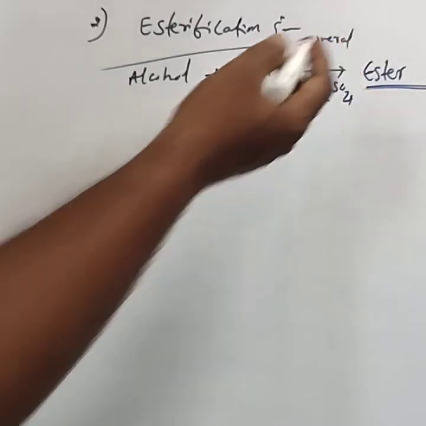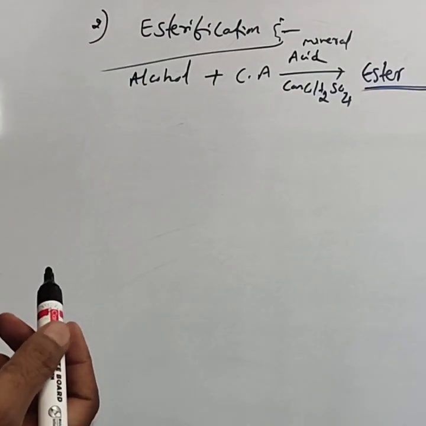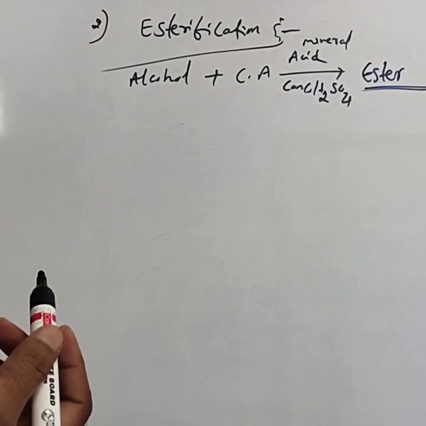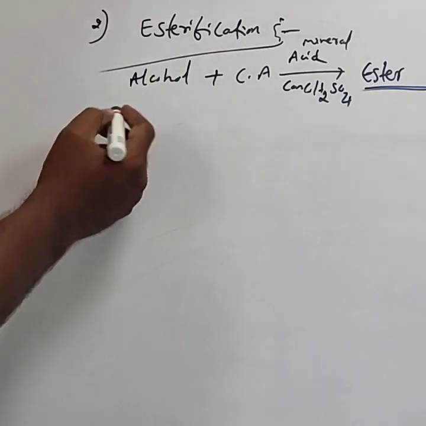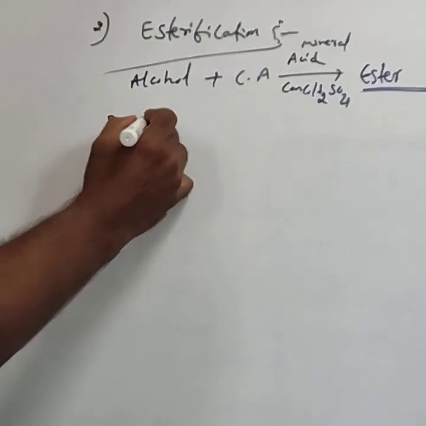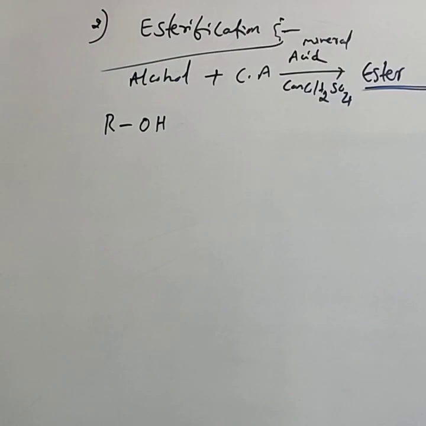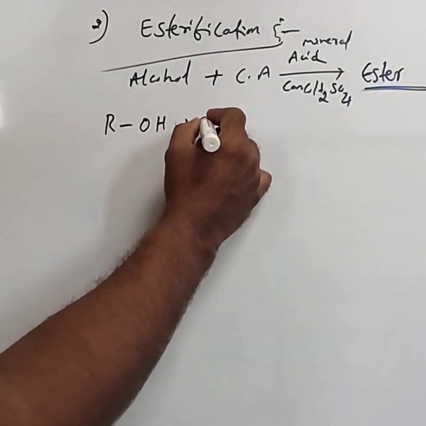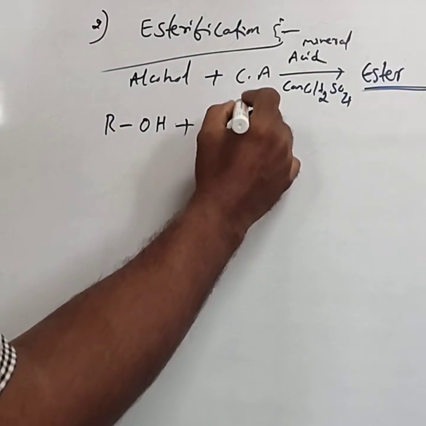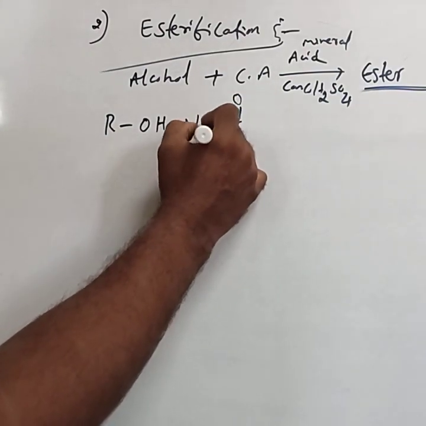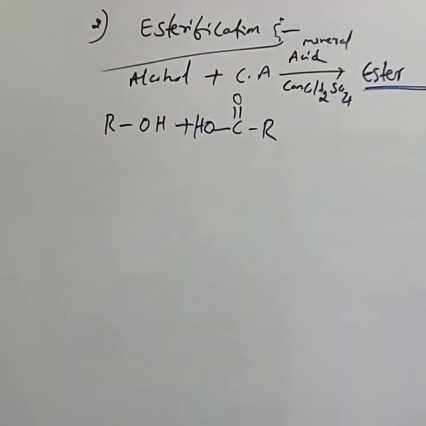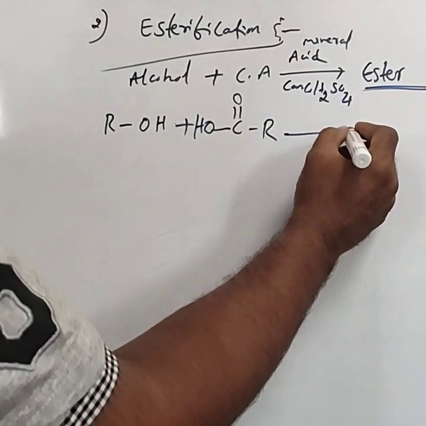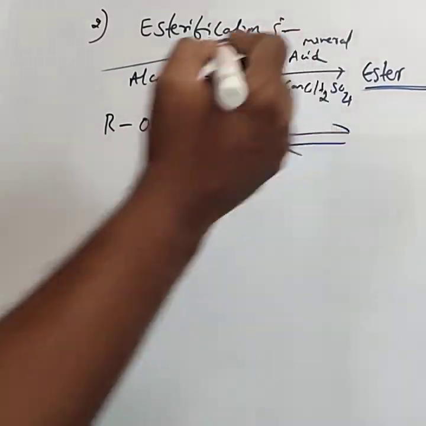For this statement, you can consider the general equation. The alcohol general formula is ROH. The carboxylic acid general formula is RCOOH. In the presence of acid, this is a reversible reaction.